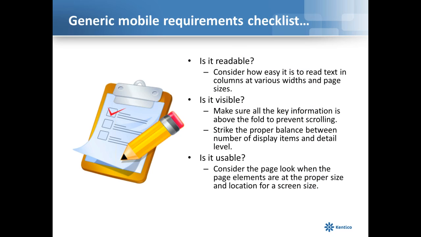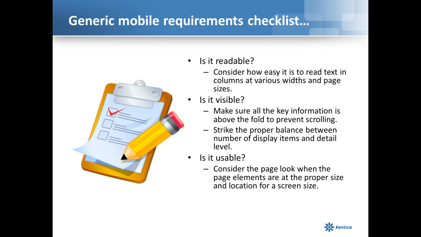So the other big thing, from a general perspective, is this idea of general requirements, is what I call them. It's thinking about, is it readable? So when you roll out your website, can you see how it reads in different widths? Are things visible, right? It's kind of annoying on a mobile device to have to scroll left and right.